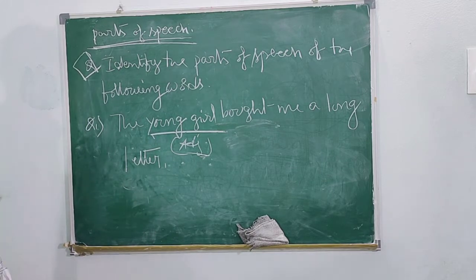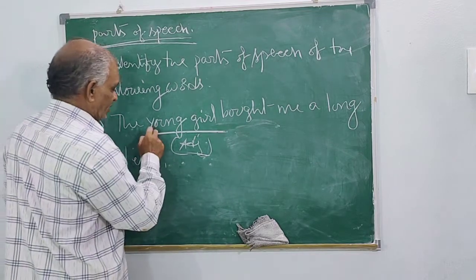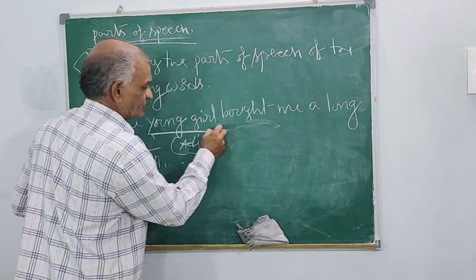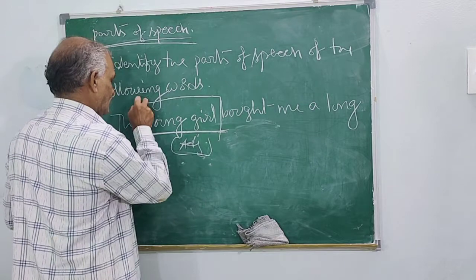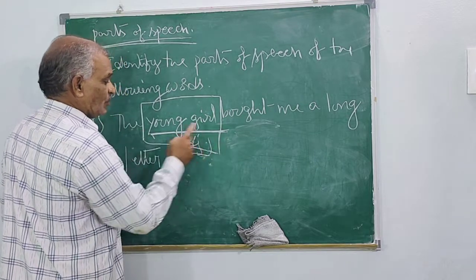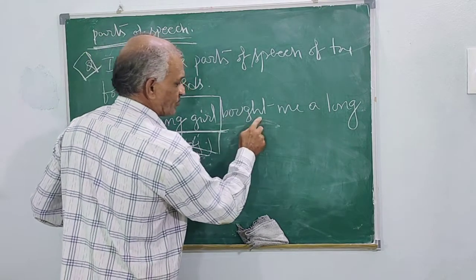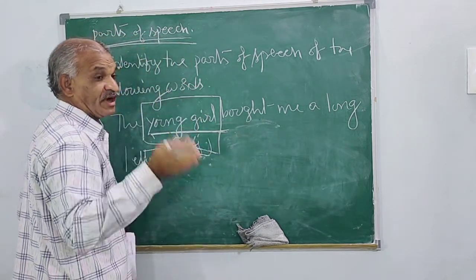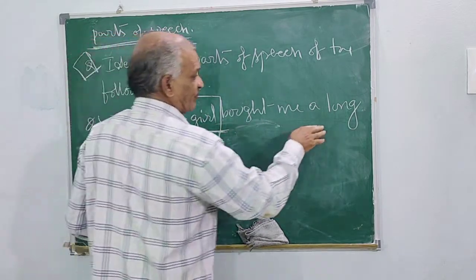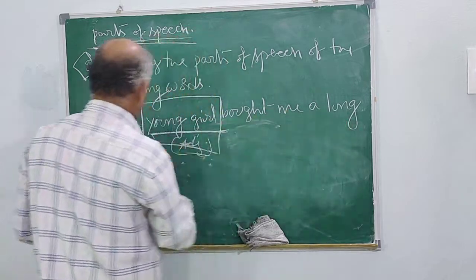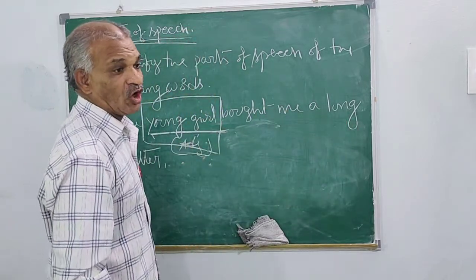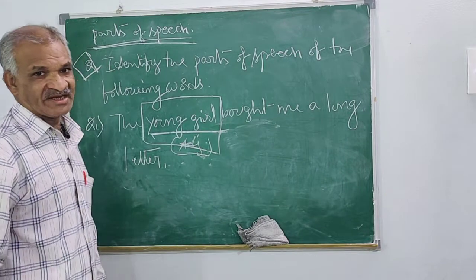So you have to give the answer to the question only. Suppose here it is underlined, so you have to mark what is this. Instead of this, if I underline this, your answer will be changed. If I underline this, long letter, which letter? Long letter. Again that will be adjective.